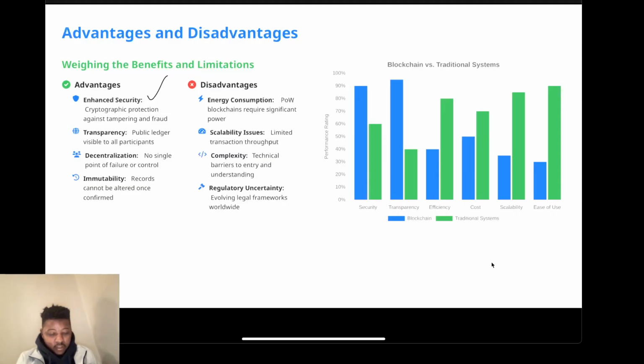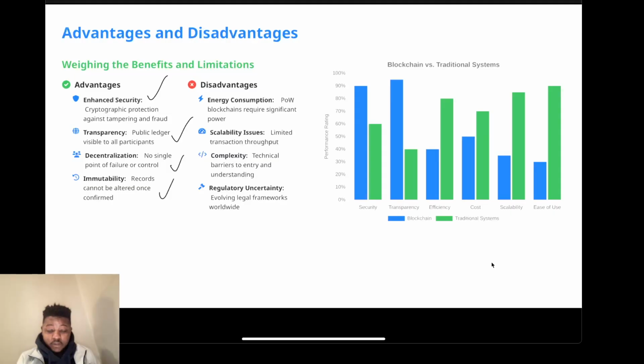Then it's transparent, so anyone can go and see what is going on on the blockchain, as it is public for everyone to see. Then no single point of failure or control. We all know that. Immutability, which means everything cannot be changed once confirmed.